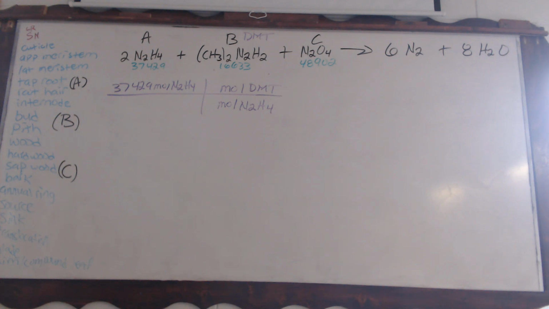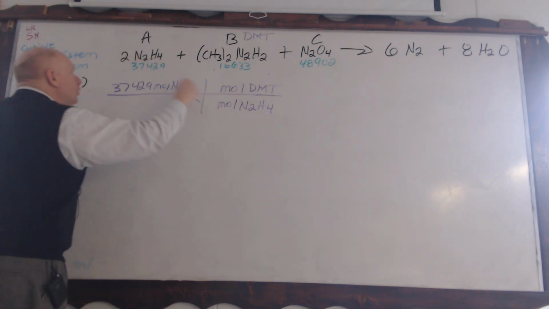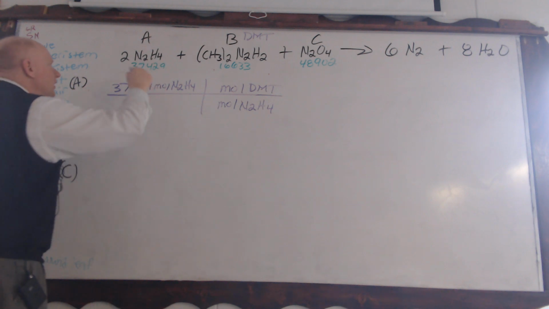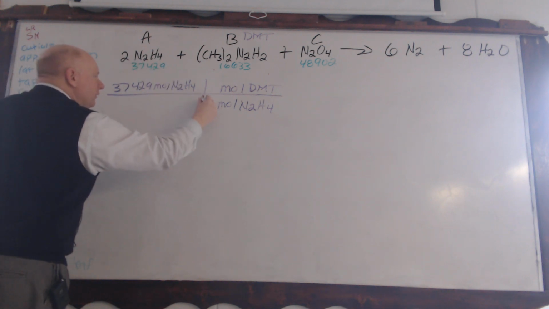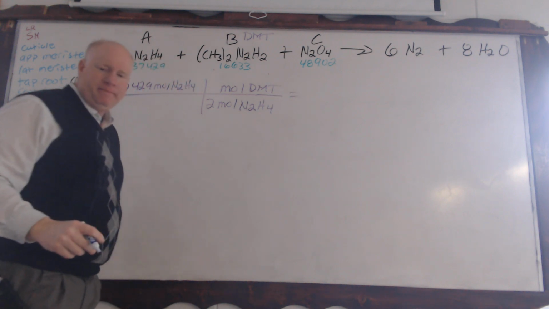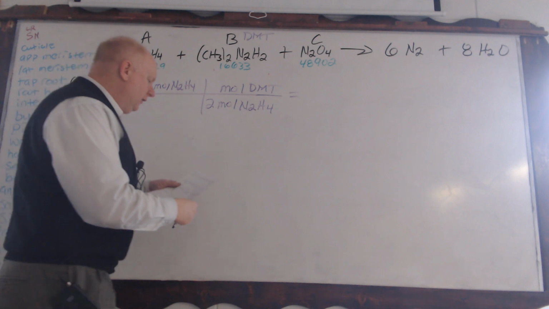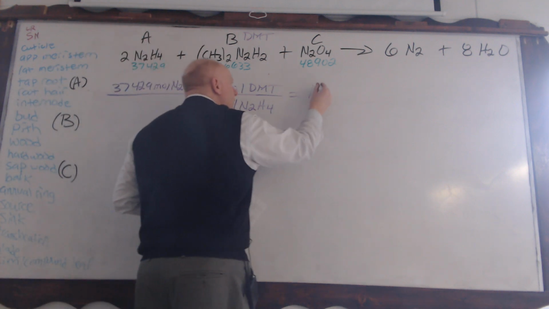Why are you right? Because we have a 2 here. It's in front of that N2H4. So we go back to our chemical equation. There is a 2 there. So once we divide that, okay, that gives us 18,624.